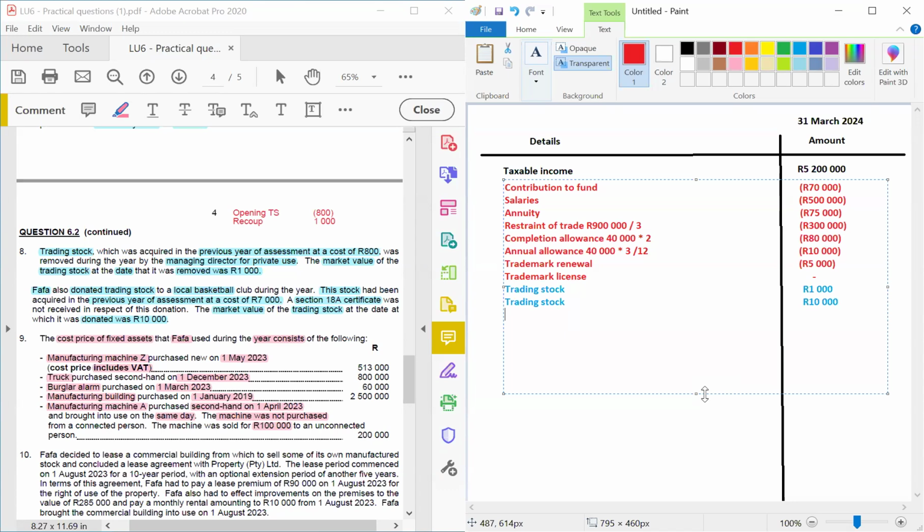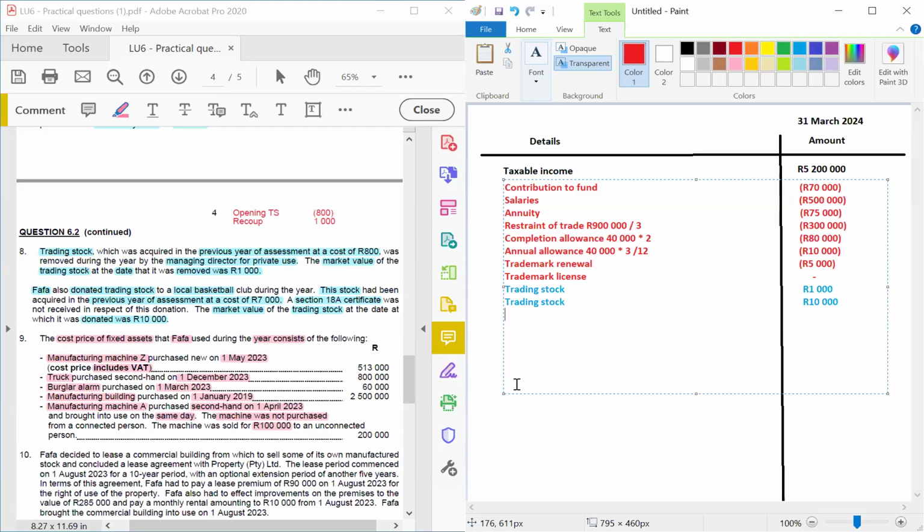So in this case, section 12C is going to apply. Section 12C only applies for assets that are used in the process of manufacture. Now, if it is a new item, it will be allowed 40, 20, 20, 20.